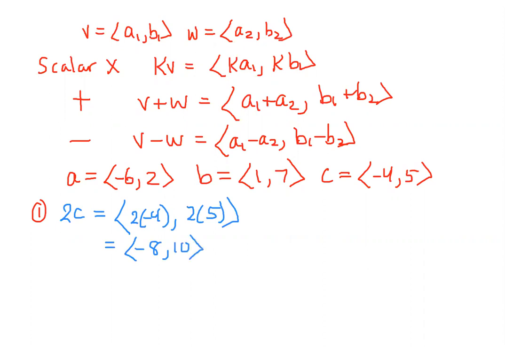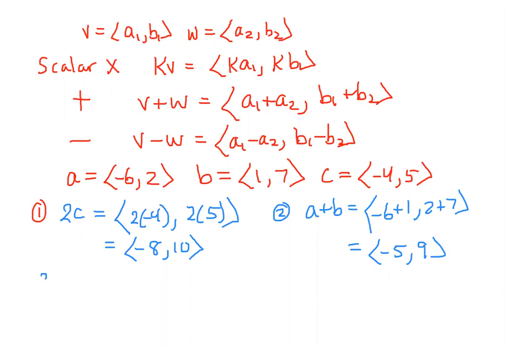Pretty straightforward. Number 2, A plus B equals negative 6 plus 1, 2 plus 7, which equals negative 5, 9. Number 3, C minus B is negative 4 minus 1, 5 minus 7, which is negative 5, negative 2.